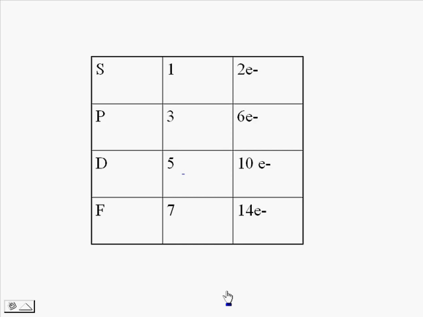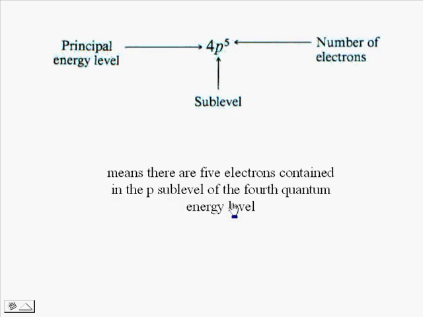Here's a chart summarizing this. It tells you how many sublevels you have of each of these and the maximum number of electrons that each of those shaped sublevels can have. As we said before, there are 3 p's on the XYZ axes, and the maximum number of electrons they can hold is 6.